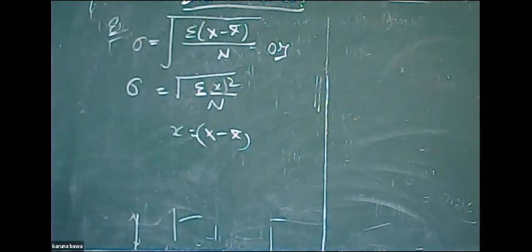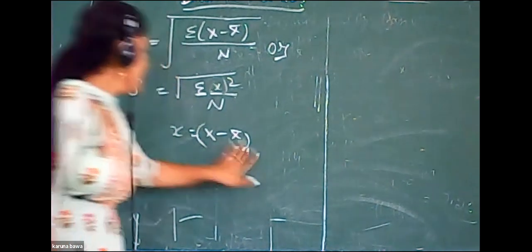First, calculate the actual mean of the series. This is the first step. Next, take the deviation from the mean, x minus mean, with a small x.